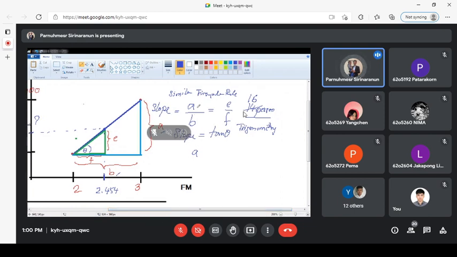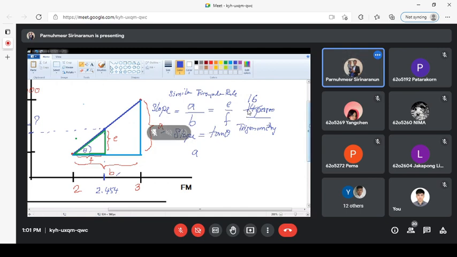Last time your friend told me first: A divided by B equal to E by F. Yes? It's a slope of trigonometry technique, because slope and tan theta are equal. Okay? These two concepts are equal.